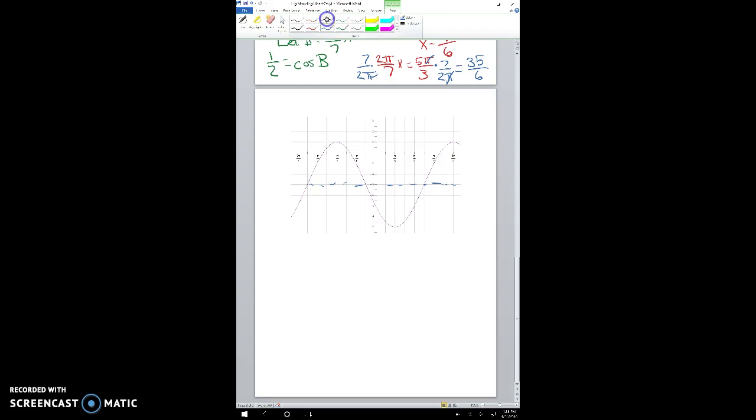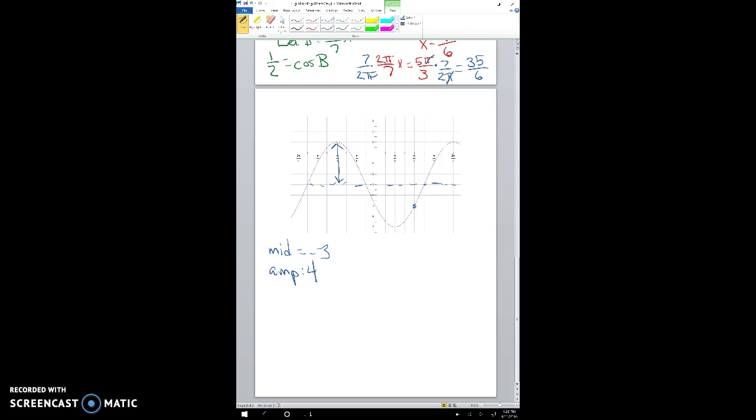Okay, anyway, so midline, amplitude, right? So our midline is at -3. Amplitude is 4. The period, right? So if we want to look at the period, we can pick a spot here. That's at pi over 3.